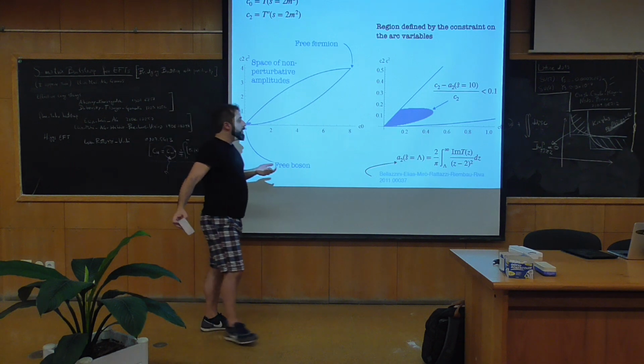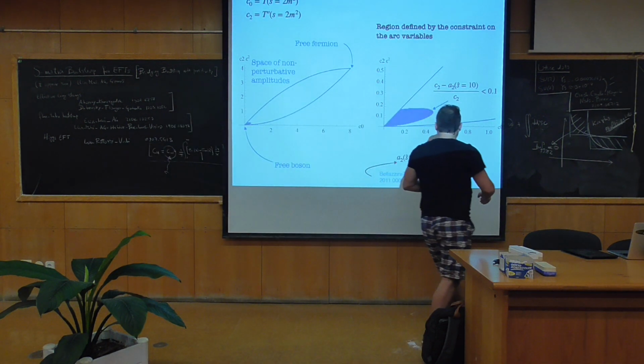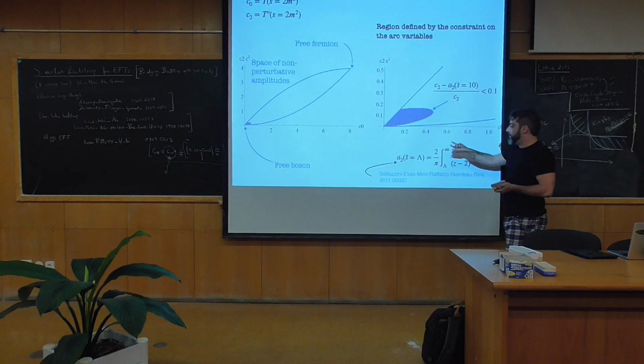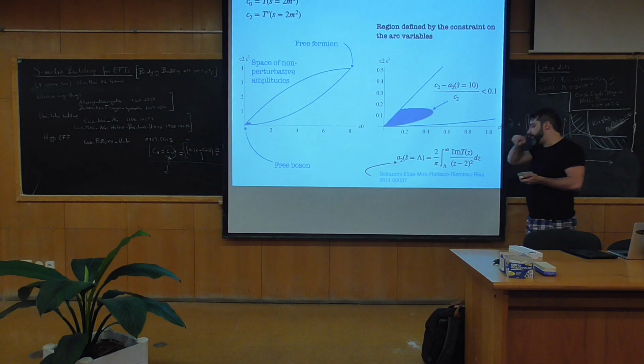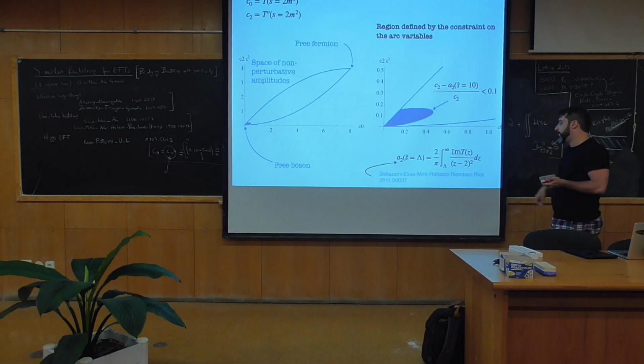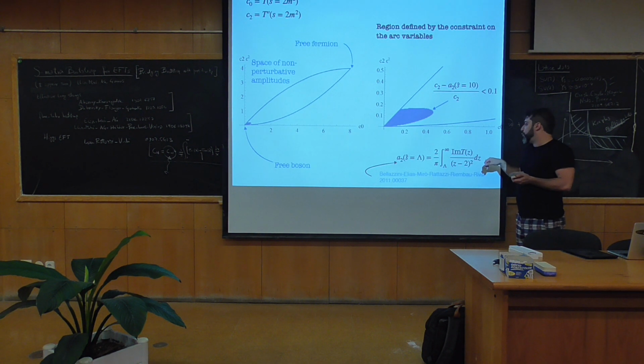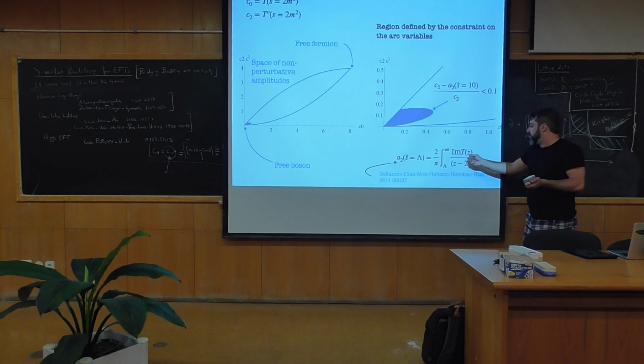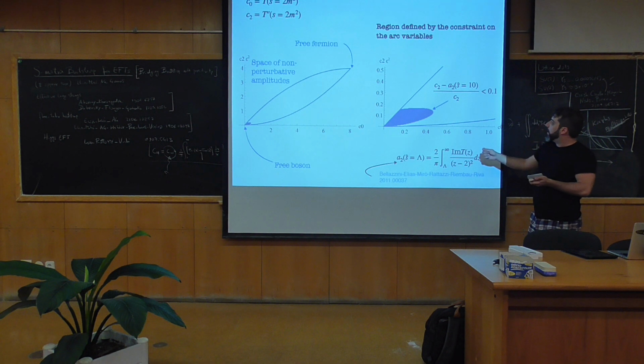So what we do is that we use one of these arc variables, okay, that have been introduced in this paper by this gentleman. So we use this arc variable, which is just the integral of the imaginary part against one of these kernels, okay.